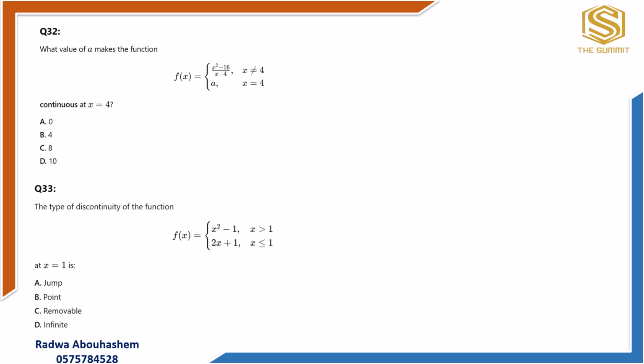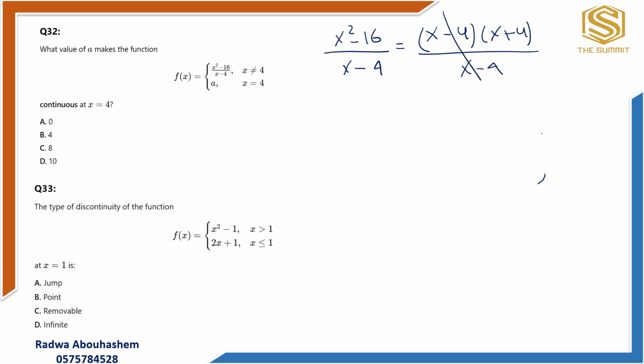Question 32, what value of a makes the function continuous? Continuous means that the limit from left equals the limit from right. So let me first factorize the first part here, x power 2 minus 16 over x minus 4. If I factorize it, it would be x minus 4 times x plus 4 over x minus 4. So canceling the factors, it would be x plus 4.